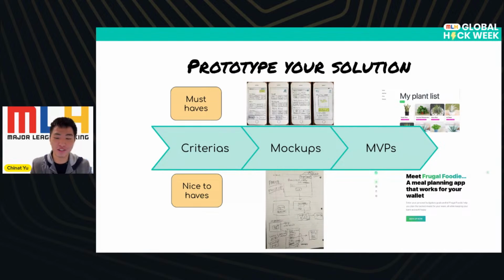Going back to the example I shared earlier about Grand Connect, an app that connects your grandparents with you or with your grandchildren, for example. A must-have criterion here is that the interface has got to be intuitive from the grandparents' perspective, right?